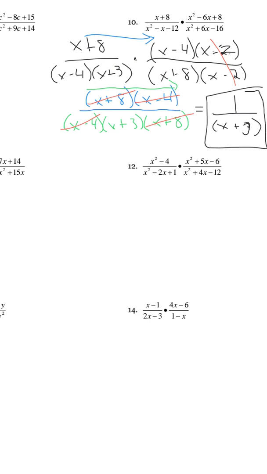So now looking at number 12, we have x squared minus 4 over x squared minus 2x plus 1 times x squared plus 5x minus 6 over x squared plus 4x minus 12. This, I'm just going to go ahead and fly through all the factoring.